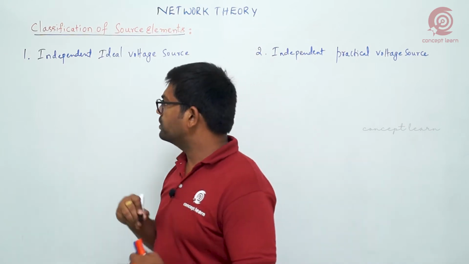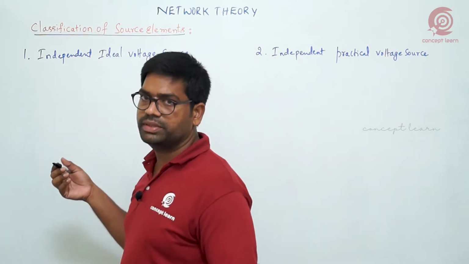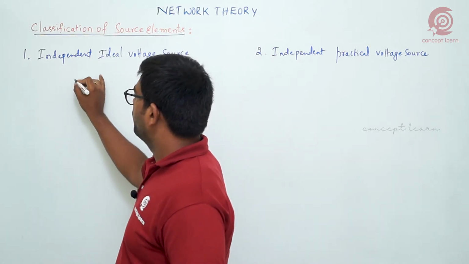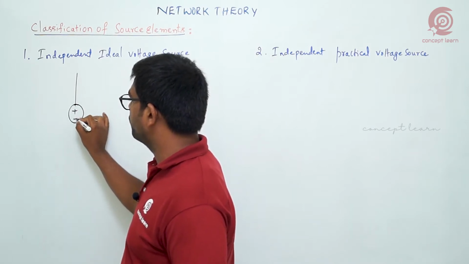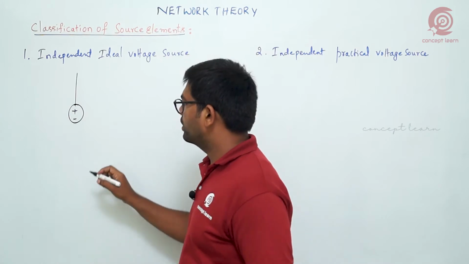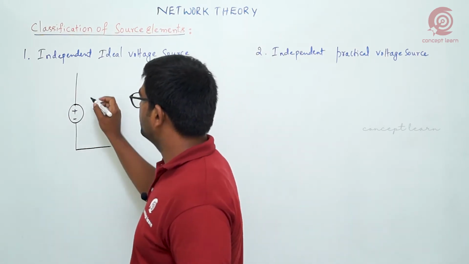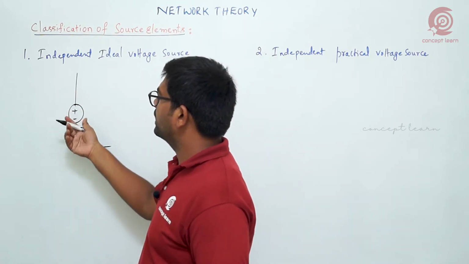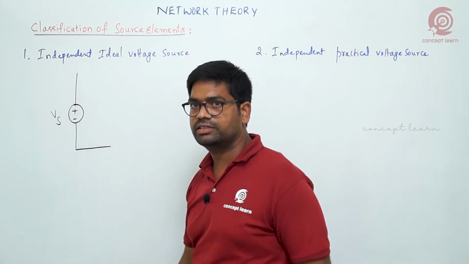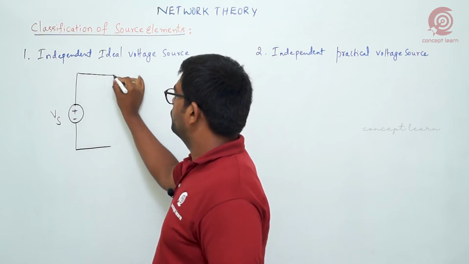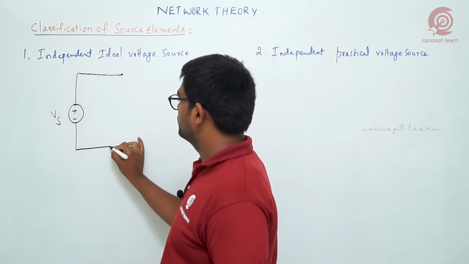Suppose I am considering a voltage source, indicated with some potential difference, following this polarity. I indicate that source with the notation Vs, and these are the 2 terminals.